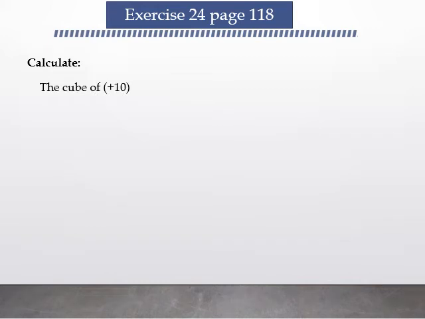Calculate the cube of plus 10. Cube means the exponent 3, or 10 to the power 3. So it's 1000. Why? Since the exponent is 3, it's 10 times 10 times 10, and when I multiply by 10, I have to add a 0 next to the number. 10 to the power 3, the exponent is 3, so I add 3 zeros.